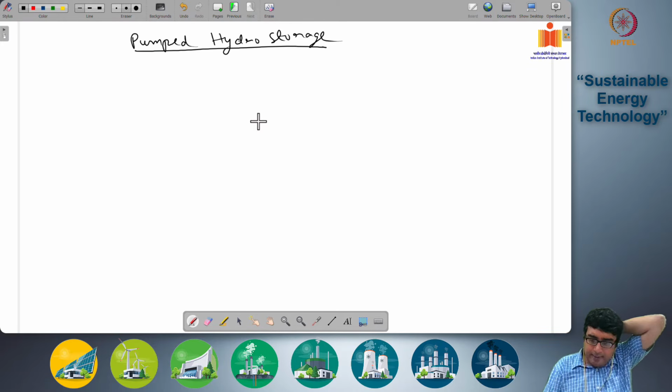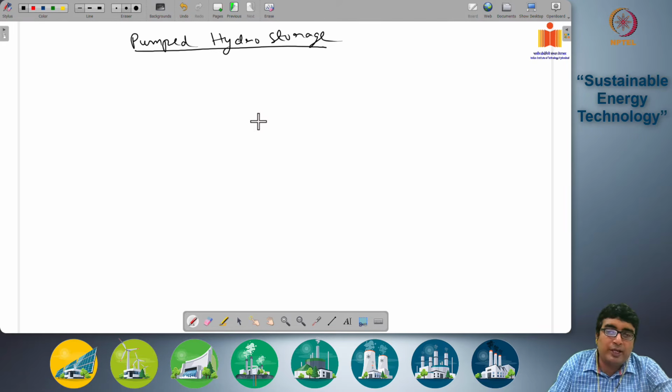So what is pumped hydro storage? Basically it is using the gravitational potential energy of water as the storage medium.